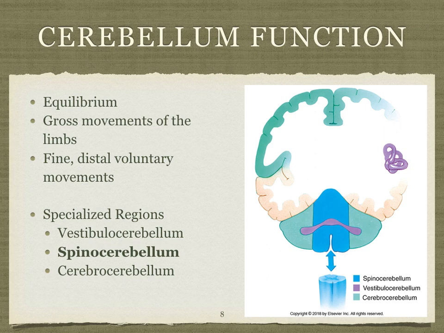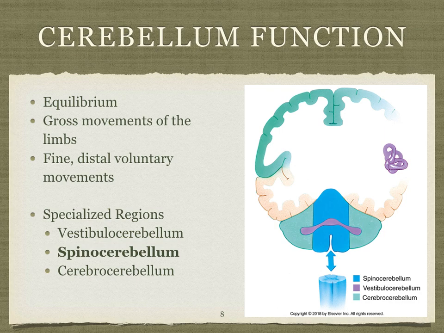So on to that topic of cerebellar functioning, we have some big roles that it plays. On top of the incorporation of our inner ear and our vestibular system, equilibrium is a part of our cerebellum, being able to manage our ability to stay upright against gravity.